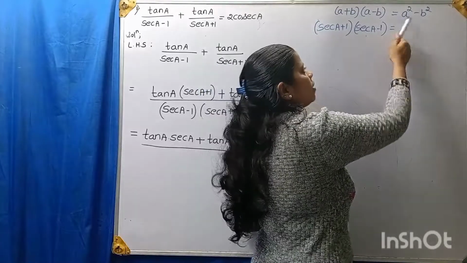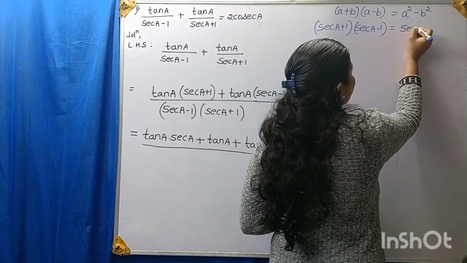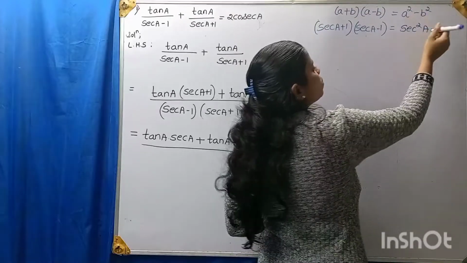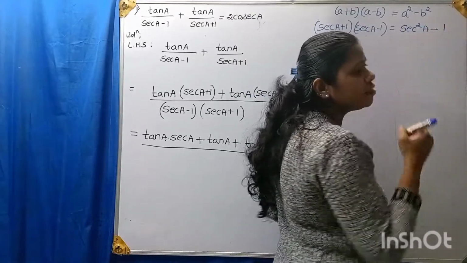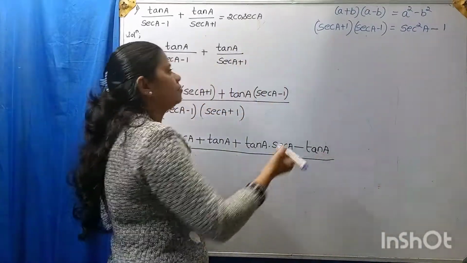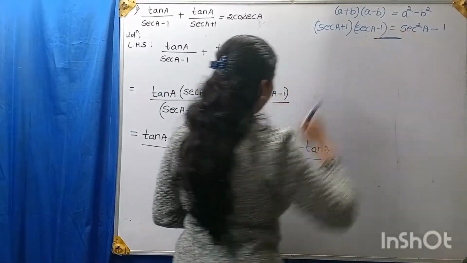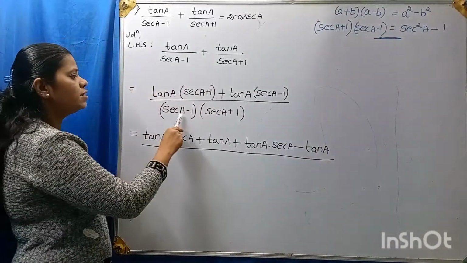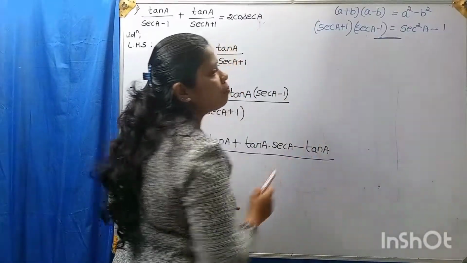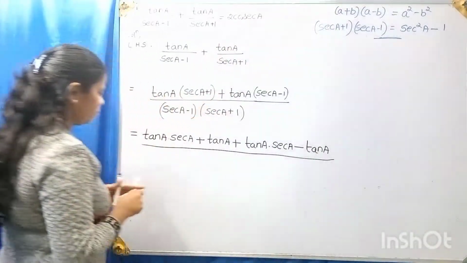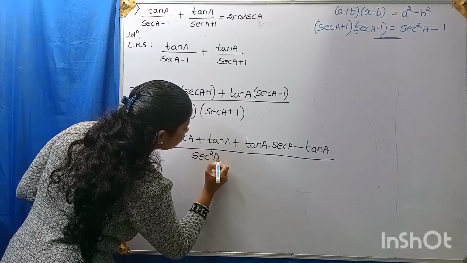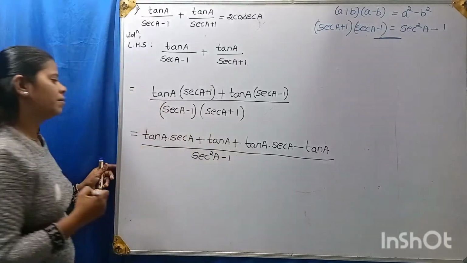Therefore A square will become secant square A, minus B square, which is 1 square, I can write it as 1. Therefore this one, I can replace it as secant square A minus 1.